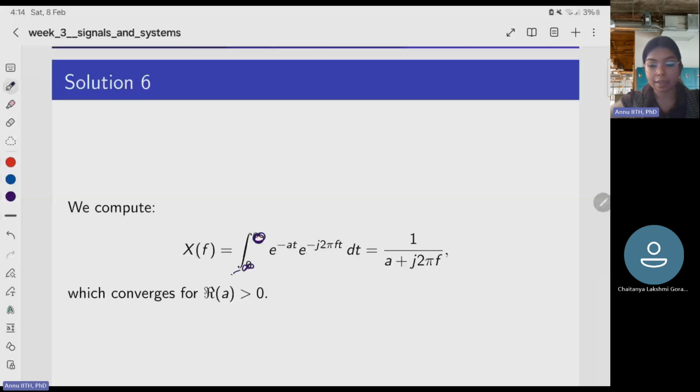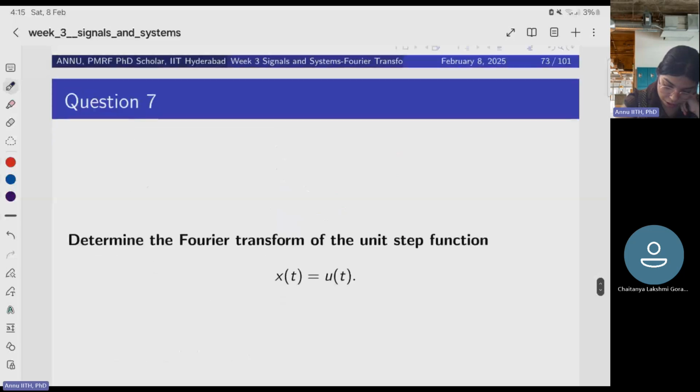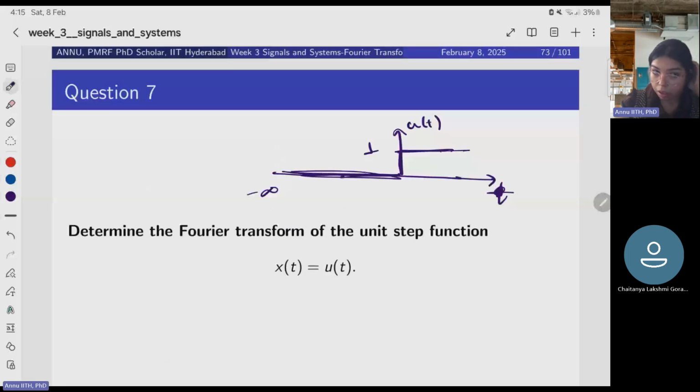This is also very interesting. What is the Fourier transform of u(t)? So this is u(t), and this is 0. So any function is determined from minus infinity to t. This is 1. So how will you write it in terms of u(t)?